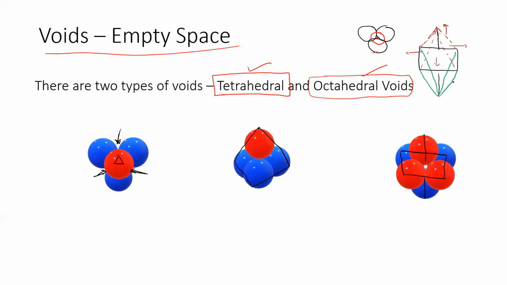Is it imaginable? This is one face, the back one face, the front one face, and this also one face. Totally the top has 4 faces, the bottom has 4 faces. Totally 8 faces are there. That is what we call an octahedral void. Is that clear? Octahedral void.